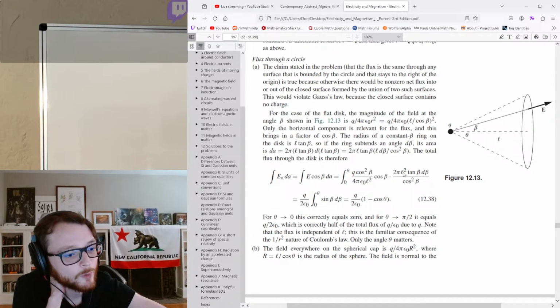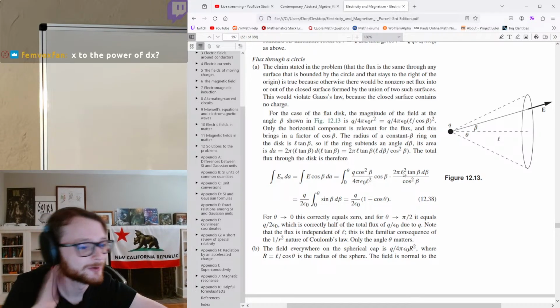Hey, iBreezy, welcome in. The integral of x to the power of dx is not a thing. I have no idea what it actually means, but I've seen people say that's a real integral.